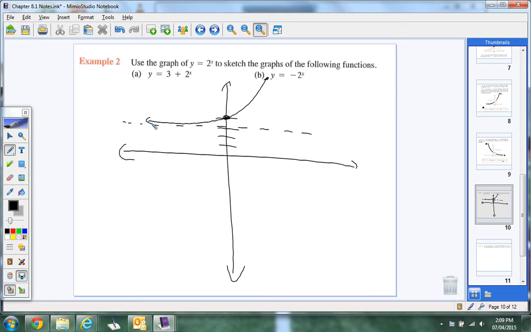Okay, for the second one, what changed with the second one? So if I put in a 2, or let's put in a 0. If I put a 0 in, what do you get? Negative 1. Okay, if I put a 1 in, what do we get?